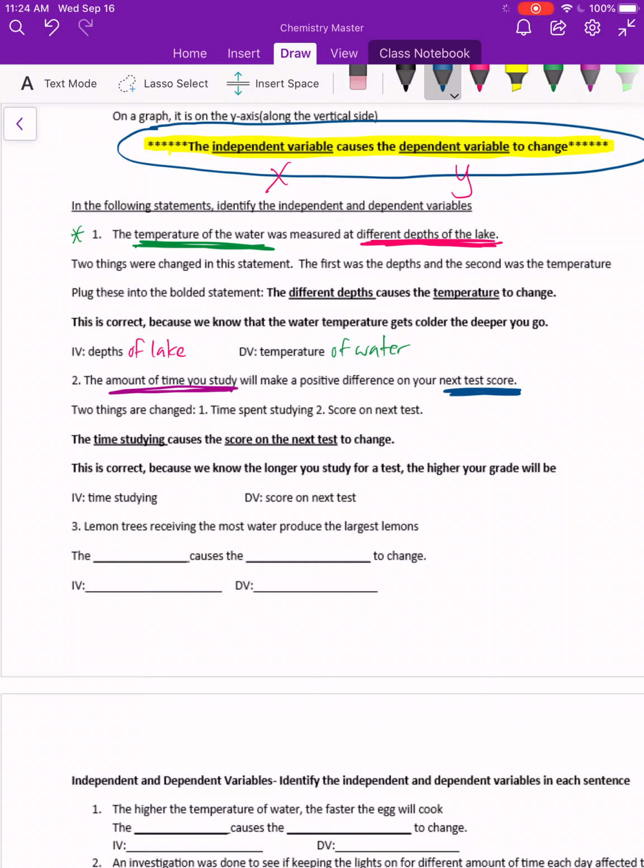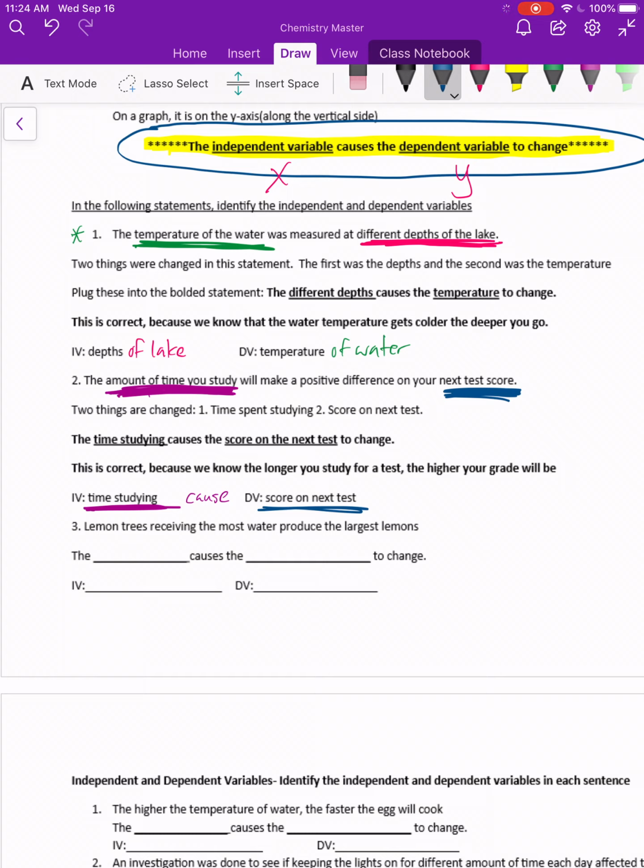So the question is, does your test score cause the amount of time you study to change, or does the amount of time you study cause your test score to change? It should only make sense one way or the other. To me it makes more sense that the amount of time I spent studying would cause my score on my next test to change.